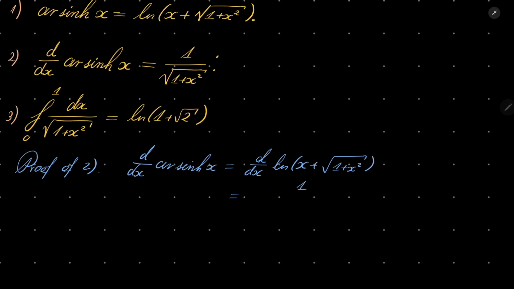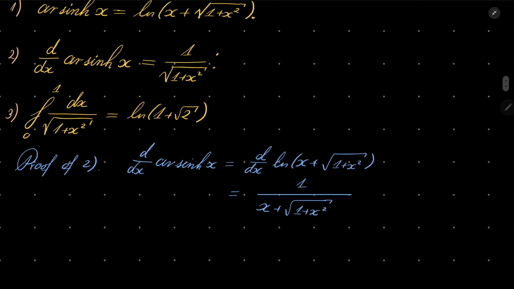The derivative of the natural log is 1 over the argument. Now the chain rule: the derivative of x is 1. The derivative of the square root is 1 over 2 times the square root. And once again, by the chain rule, the derivative of 1 plus x squared is 2 times x. Let's simplify it.